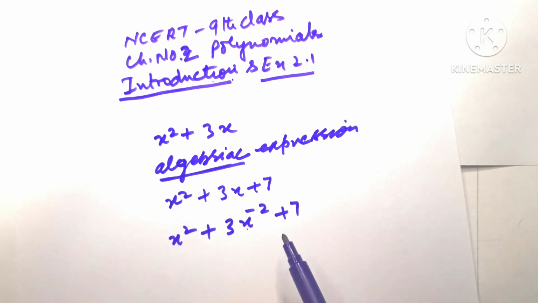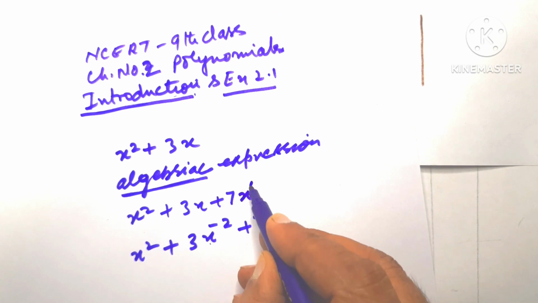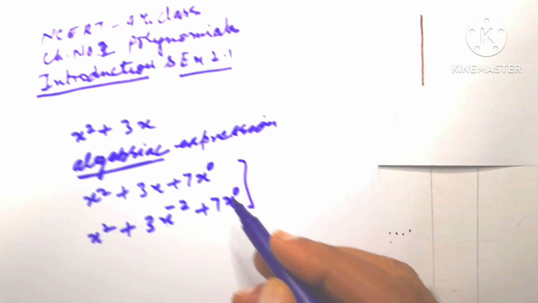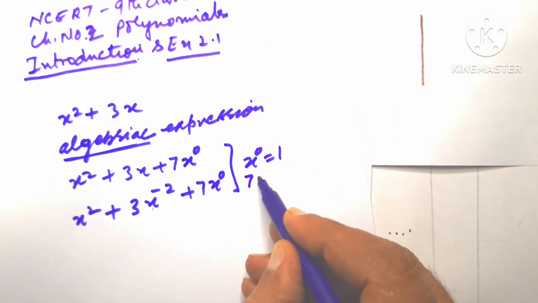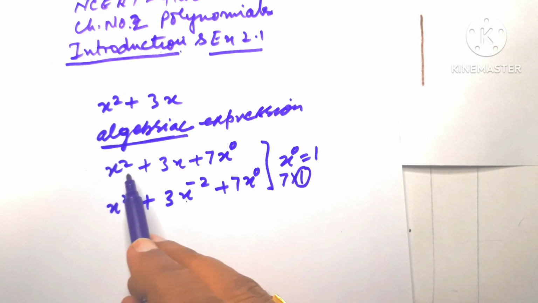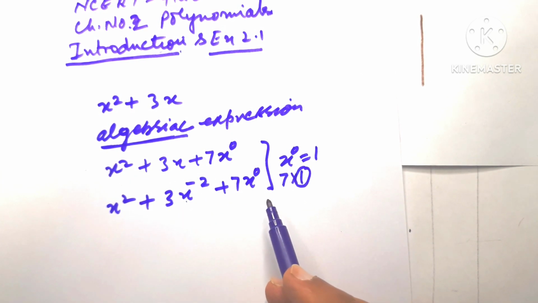Here also x is the only variable. Here 7 I can write as 7 times x to the power 0, because x to the power 0 is always 1. So 7 means 7 into 1, and in place of 1 I am writing x to the power 0. So there is one variable in both these expressions.